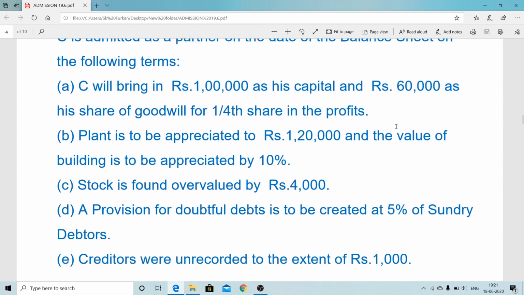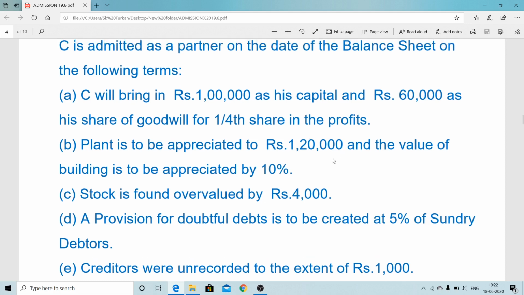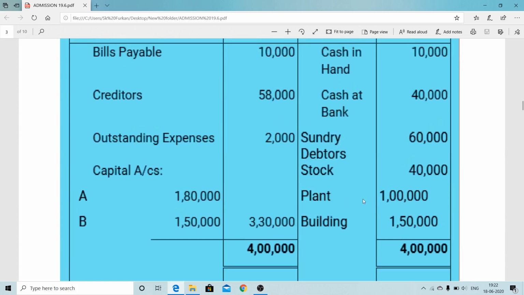Now after that, another term and condition is that plant is to be appreciated to rupees 1,20,000. When it is provided that it is revalued to or revalued at, at that time you have to compare with the book value. Here the agreed value is 1,20,000. Now what was the book value? If you see the book value here, it is 1 lakh.